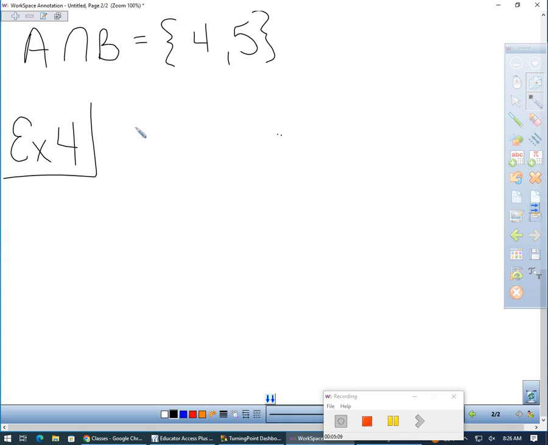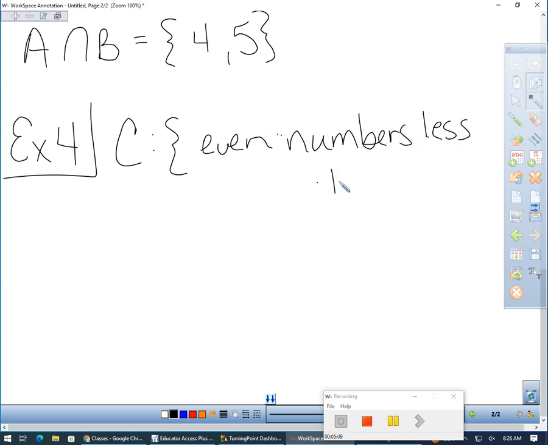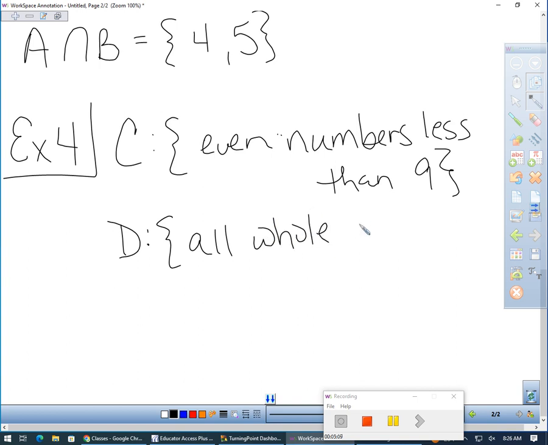Let's say that set C is even numbers less than 9, and we'll say set D is all whole numbers less than 6.